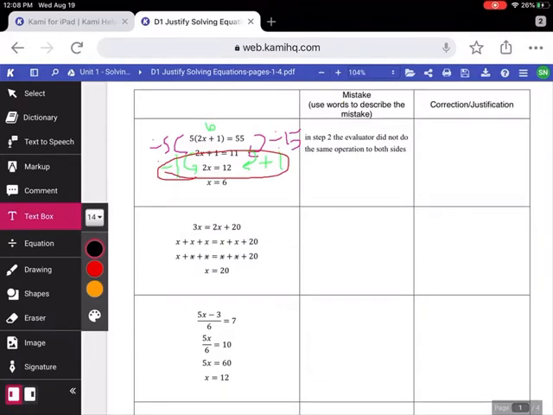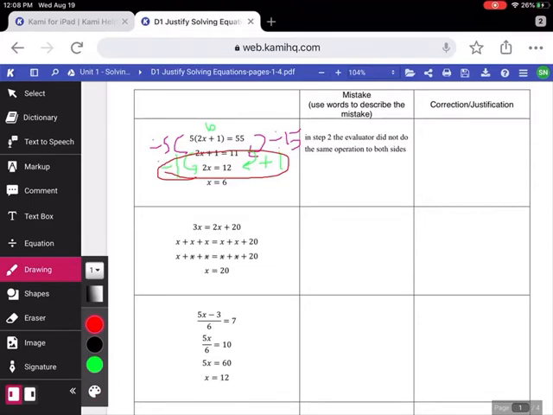For the correction or justification, I want you guys to actually go through the problem again and do it all correctly. So 5 times 2x plus 1 equals 55. Remember, the first step they did was correct, so I'm going to divide both sides by 5.